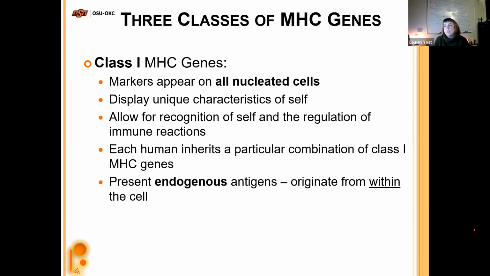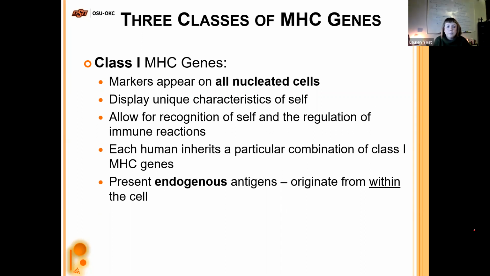So if you get a liver from somebody and the MHC from that person is different than your MHC, your body will recognize their MHC as foreign. That's what the previous information was talking about. But anyways, this is allowing for self-recognition and regulation of immune reactions.